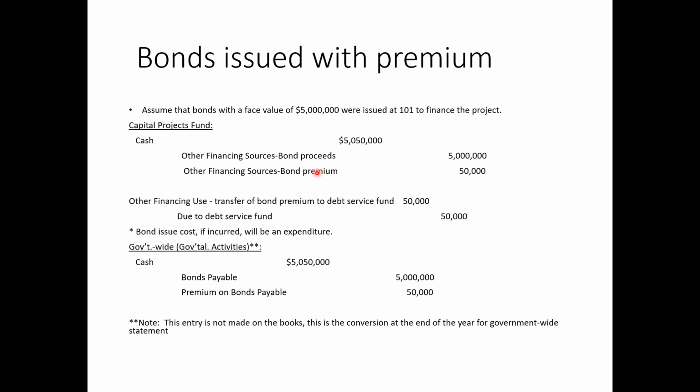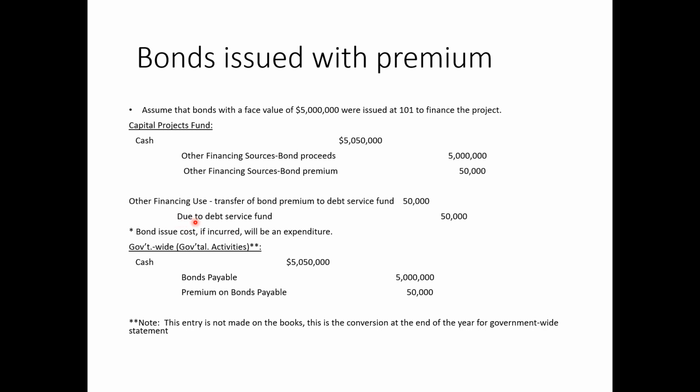So the next thing we're going to do is transfer the premium to the debt service fund, because eventually we're going to return this. We're going to pay back the interest to investors. So the next journal entry is we transfer the $50,000 to the debt service fund. Debit other financing use, transfer of bond premium to debt service fund. This is opposite to other financing sources.